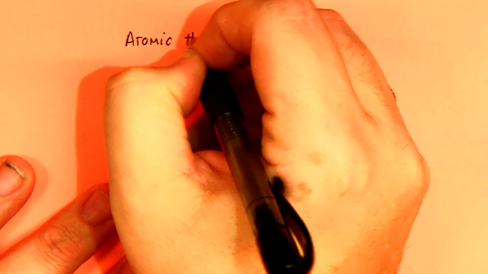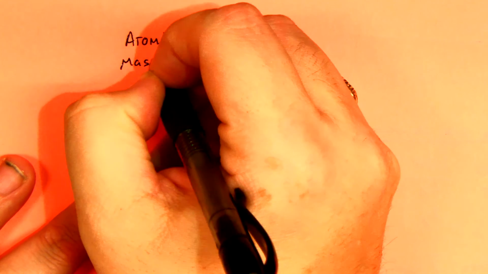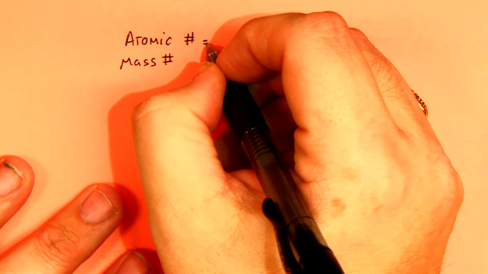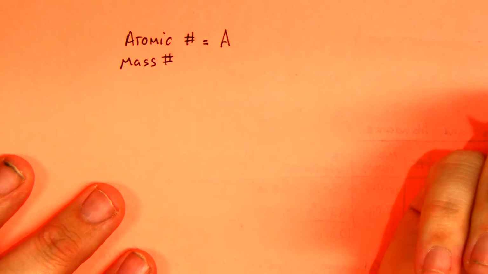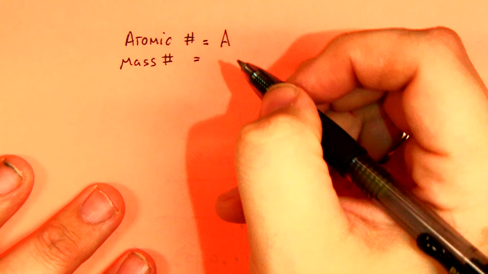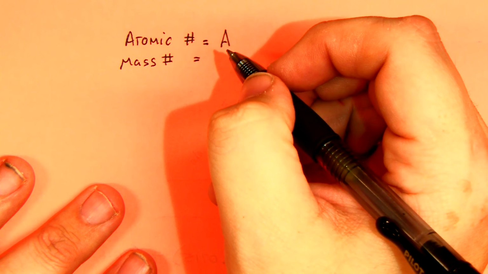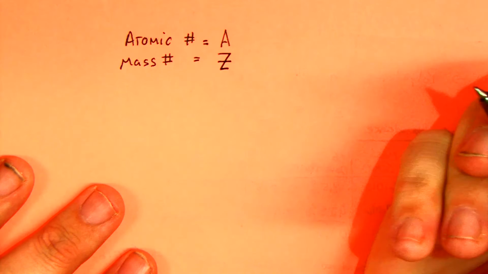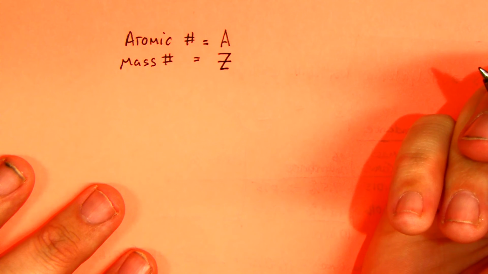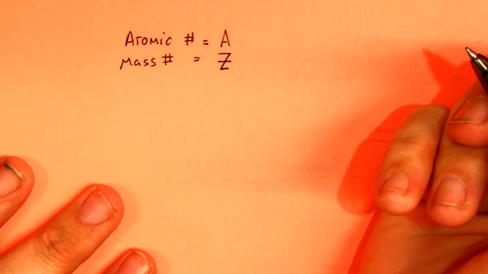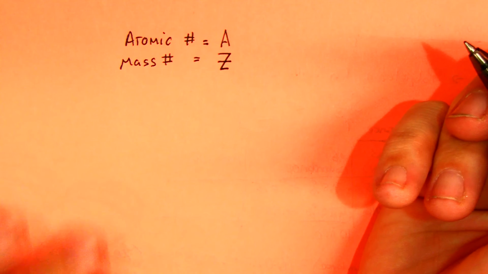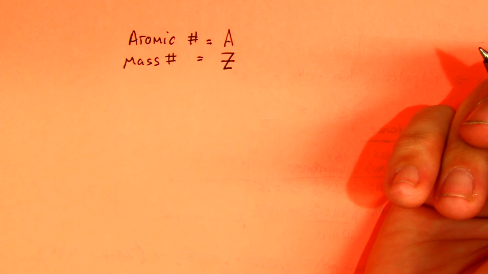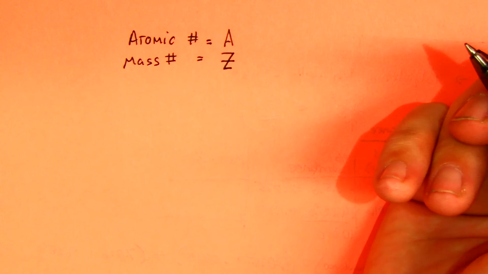Atomic number is usually given as A. Now, mass number, if it's a variable, is given as a Z. So now, for an example, let's take fluorine.